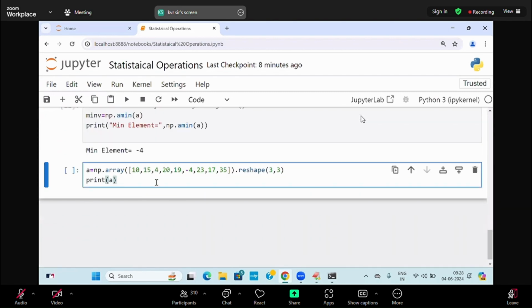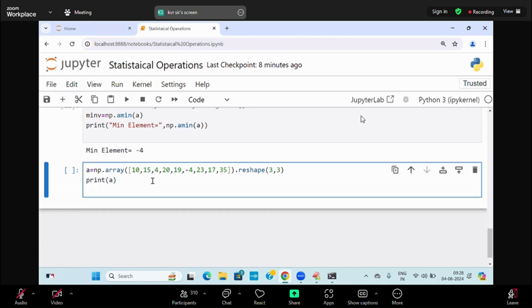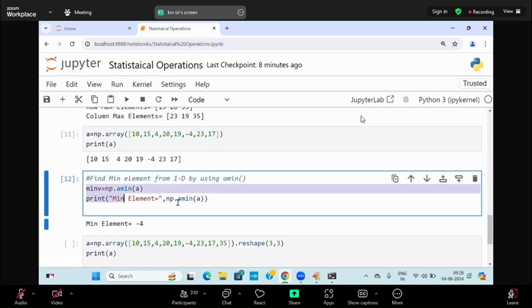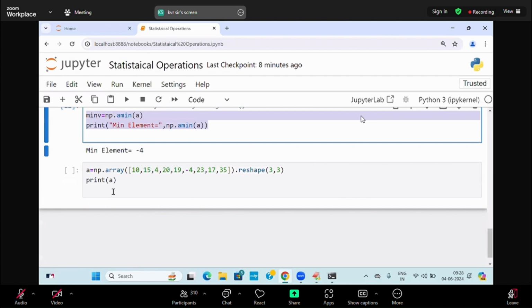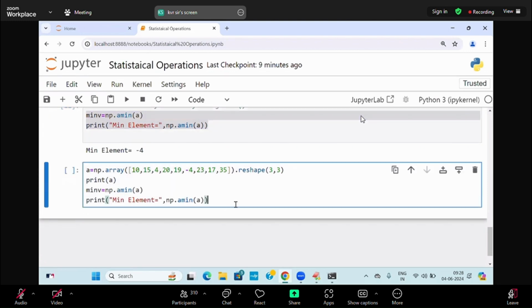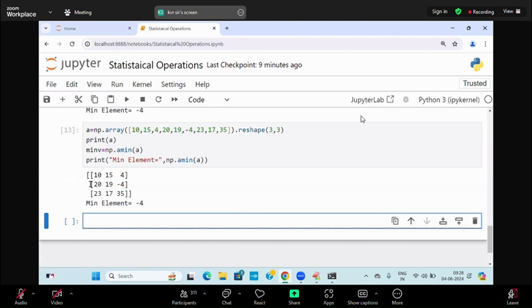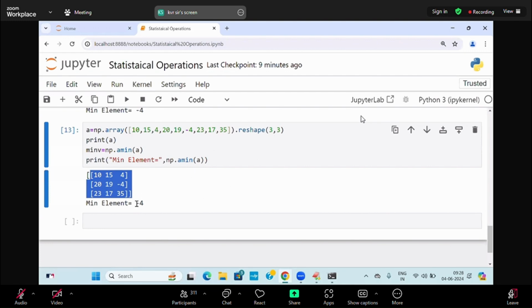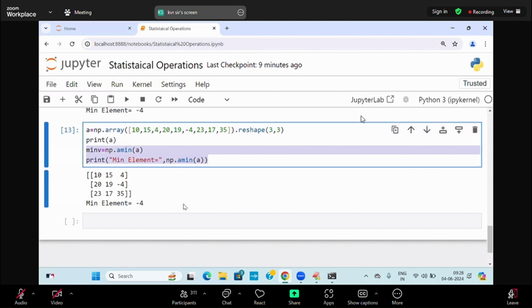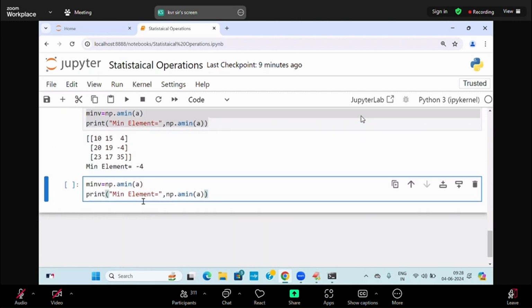Once you understand one thing, you can find the min element. In 2D also it is going to be -4. If I want to get it as row and column, it is column min, A comma, what is this?